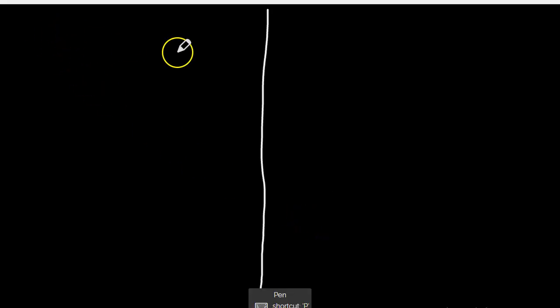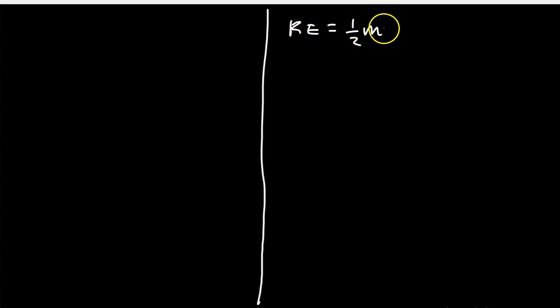So we want to show that kinetic energy is given by a half mv squared. Let's look at it from the second law of motion, which relates to the law of linear momentum, and we have talked about it in the previous video.